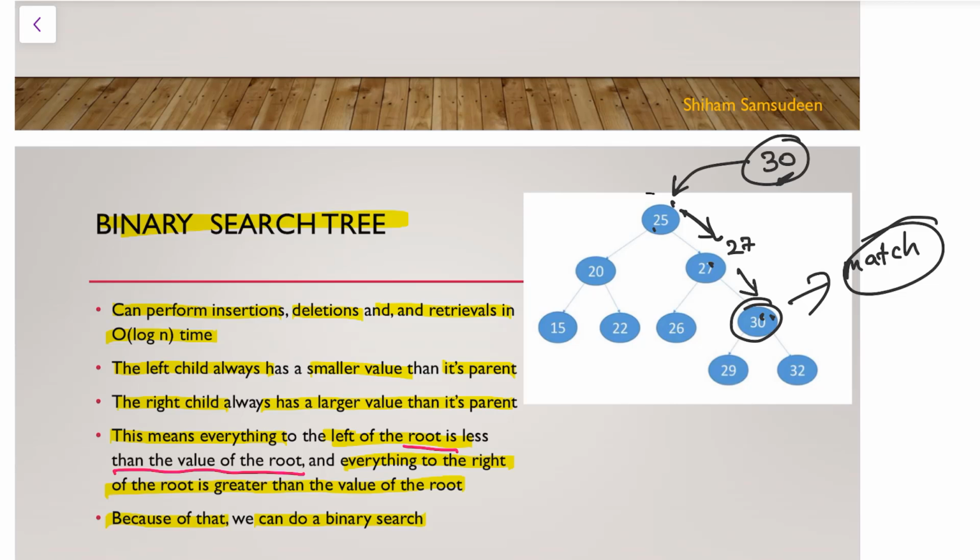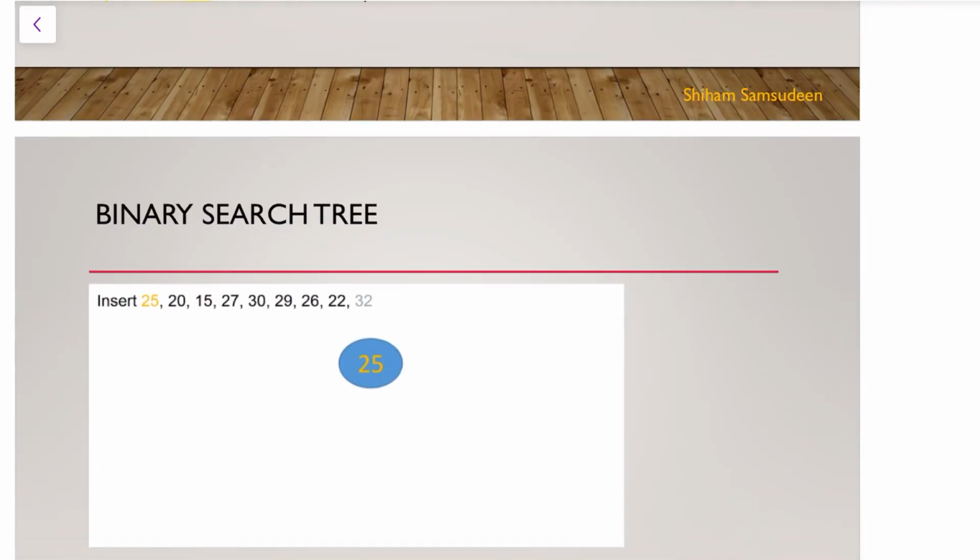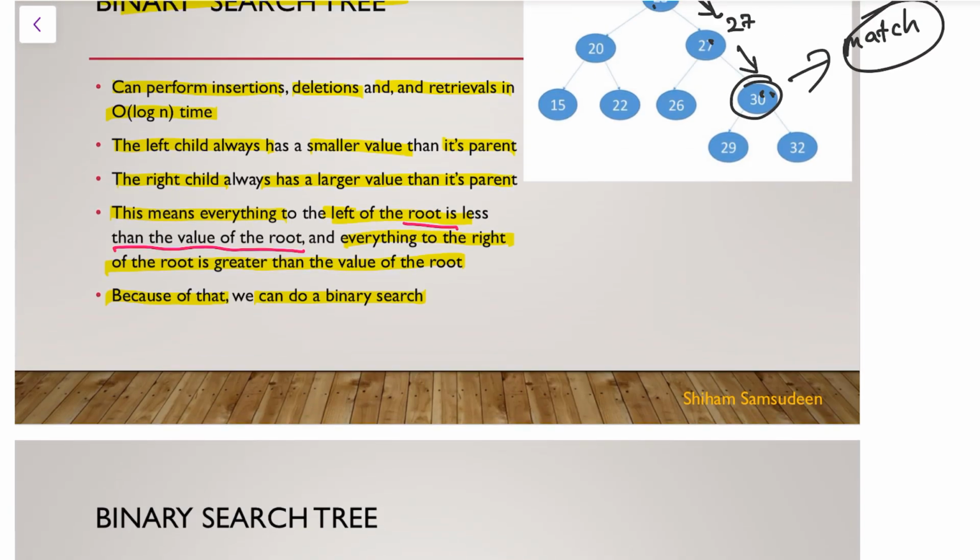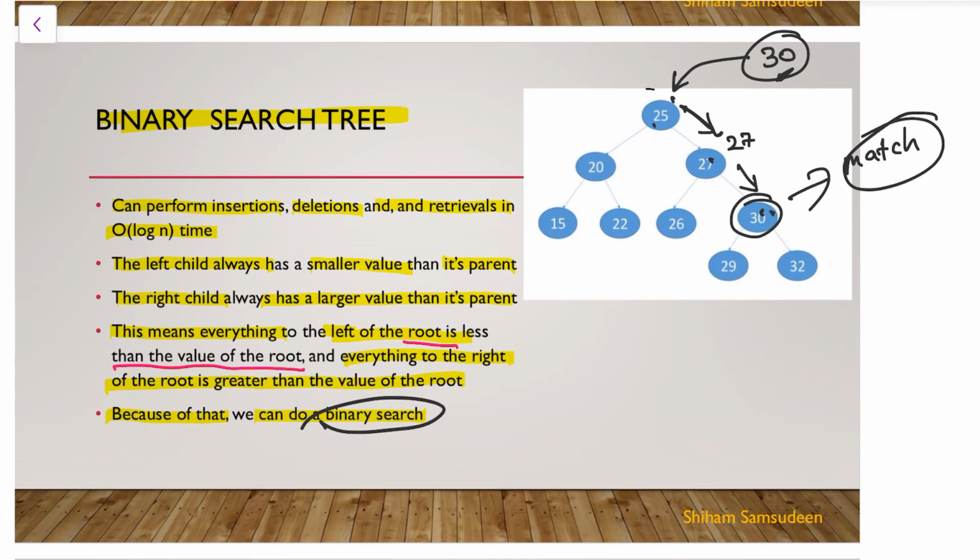But in a binary tree, because you have a sorted order, where the left subtree is less than the parent and the right subtree is greater than the parent, we can have some logic to go and find it faster. That is what we call binary search.